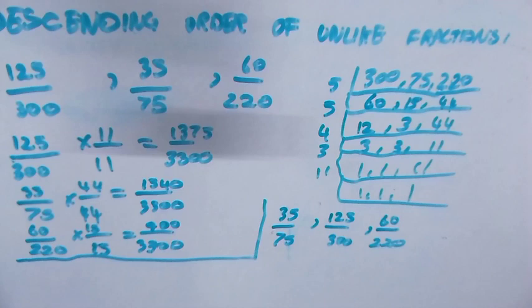And then we have the least number, which is 900 by 3300, which is just an equivalent fraction of 60 by 220. So it's the last. 60 by 220 is the smallest fraction, which is written at the last.